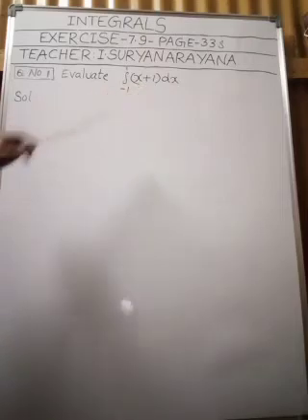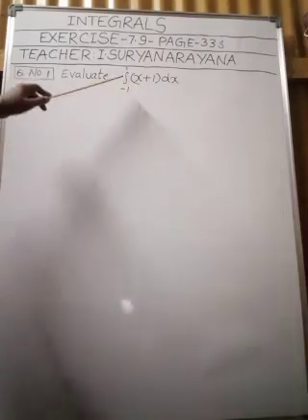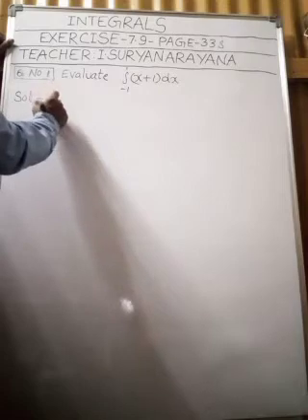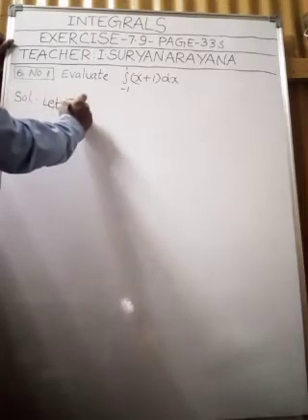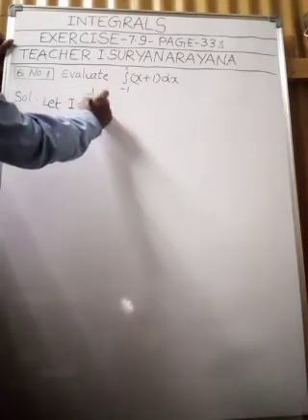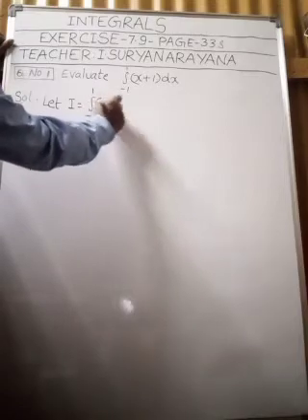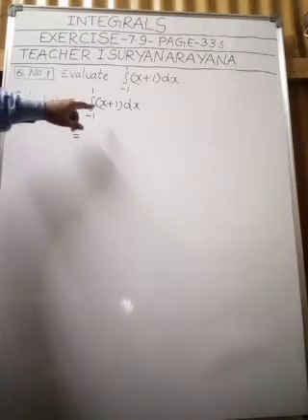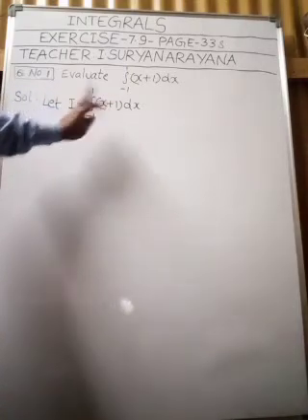We have to find the value of this integral. Let us assume capital I is equal to the integral from minus 1 to 1 of (x plus 1) dx. We have to evaluate the definite integral of this function.